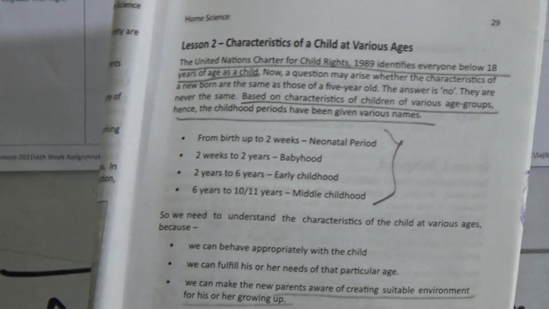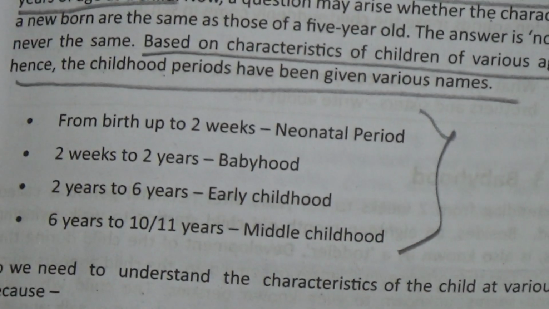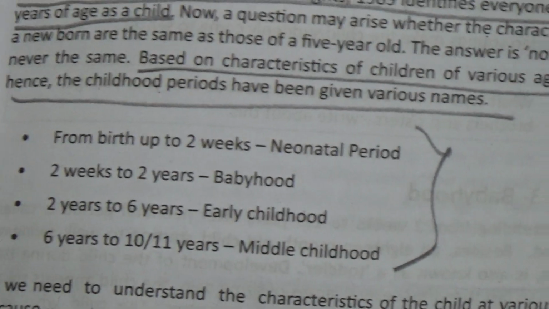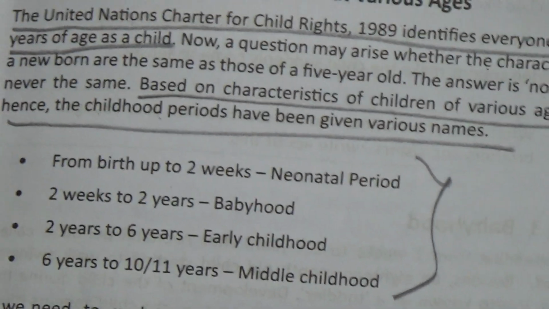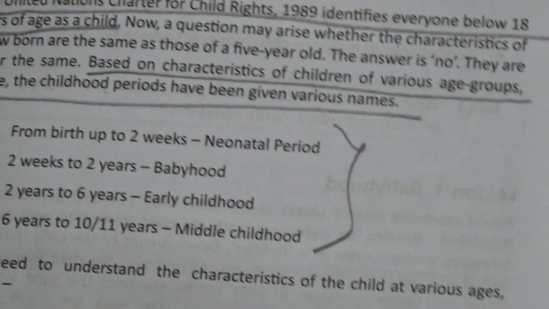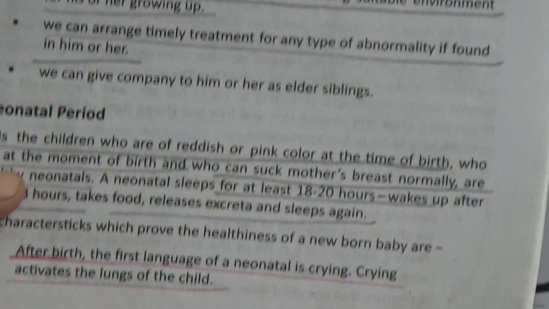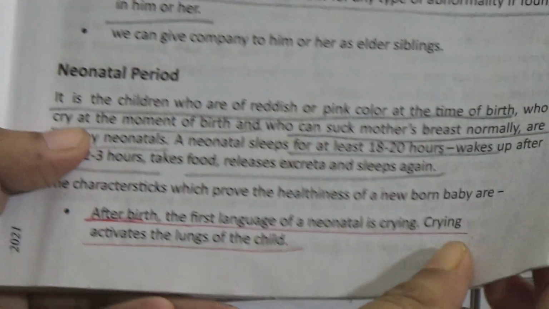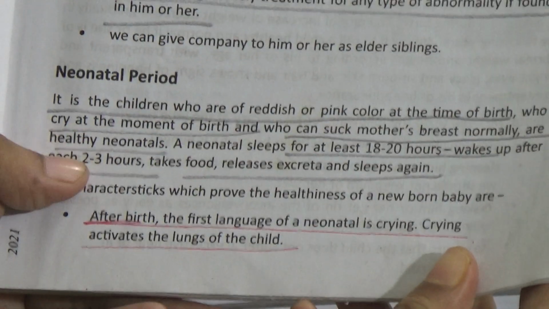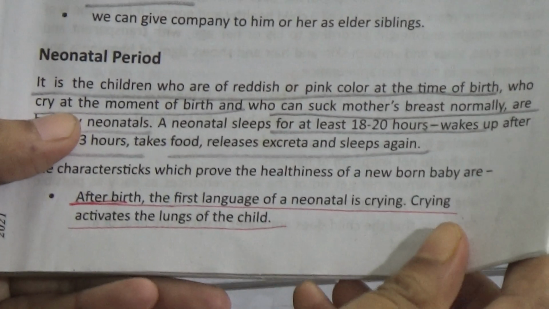Then you can gather some information and ideas from here. Then after analyzing and thinking about it, you have to write your assignment. But don't copy the whole thing from this book. You must have diversity in your presentation.